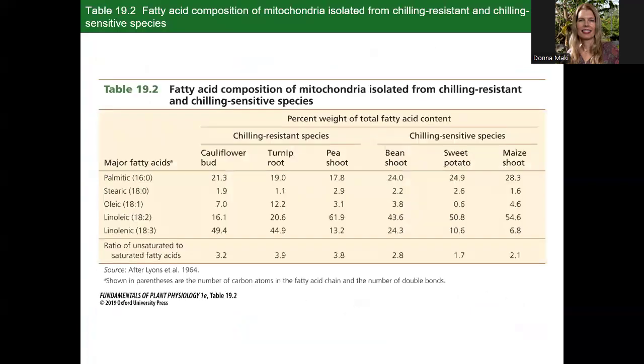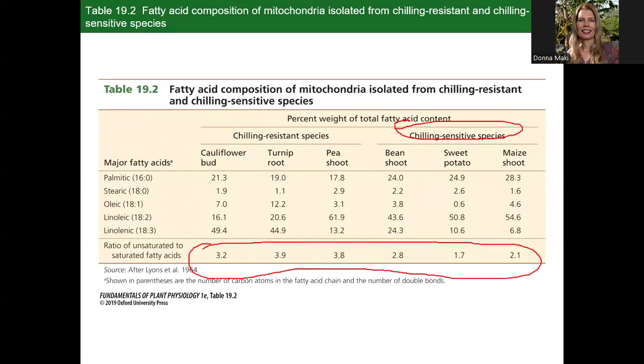And so this data here, looking at fatty acid composition, they were comparing chilling sensitive versus chilling resistant species. So here's your sensitive species here. And you can see, especially at the very bottom here, if you compare those values.